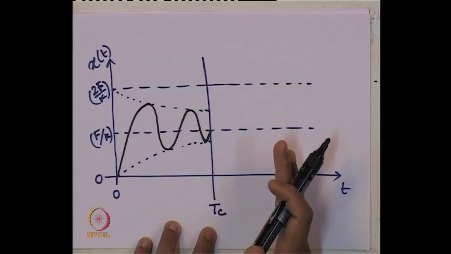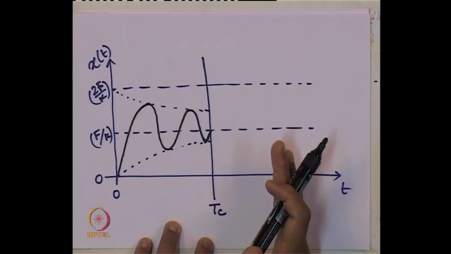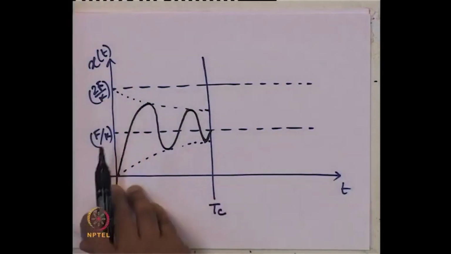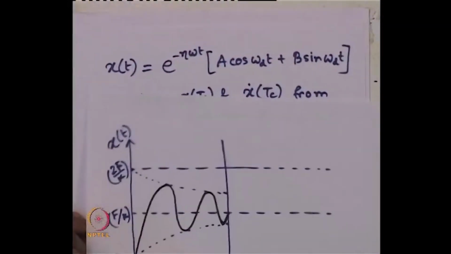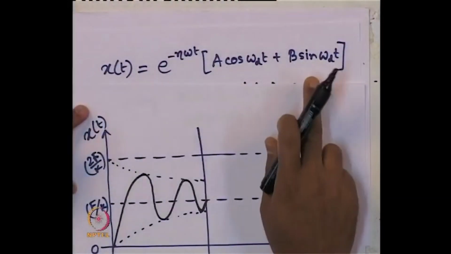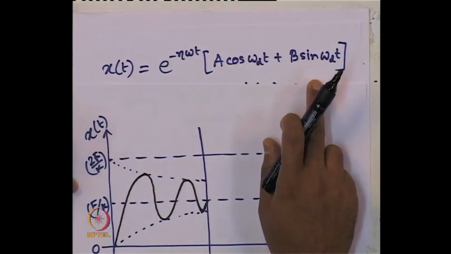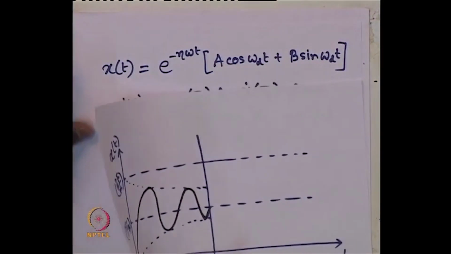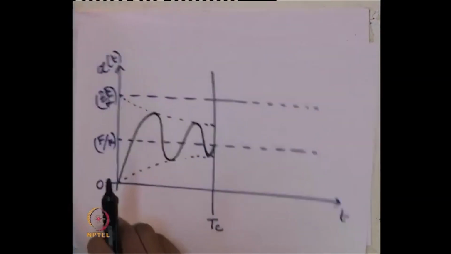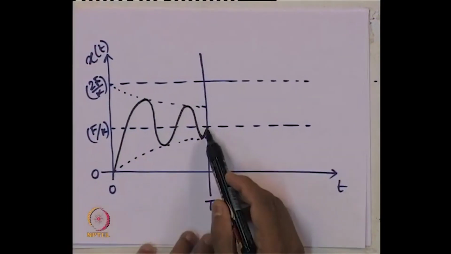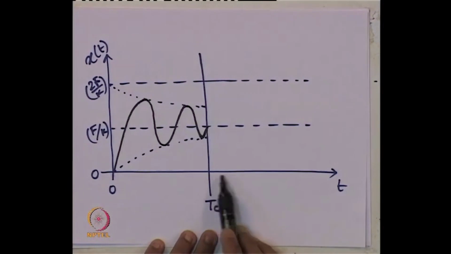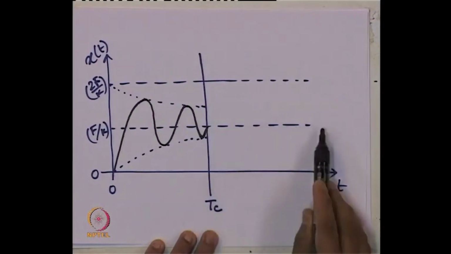It should vibrate about a decay function again, but its baseline will now change. Why? Because the solution for free vibration oscillates about the baseline of x of t equals 0, not x of t equals f by k. So, from this point it will start oscillating about this baseline, not about that baseline.